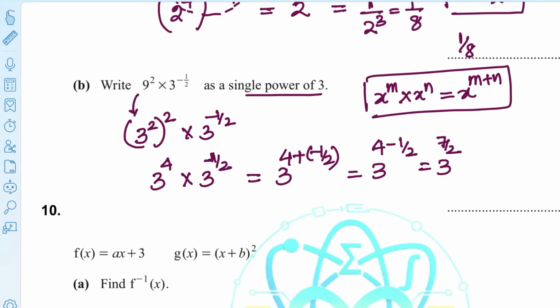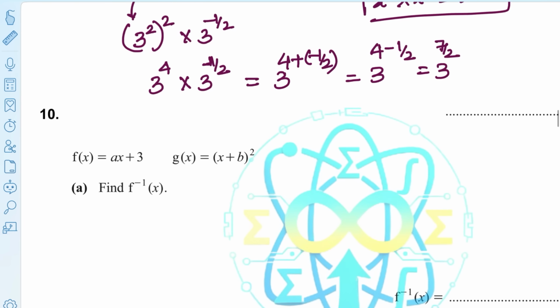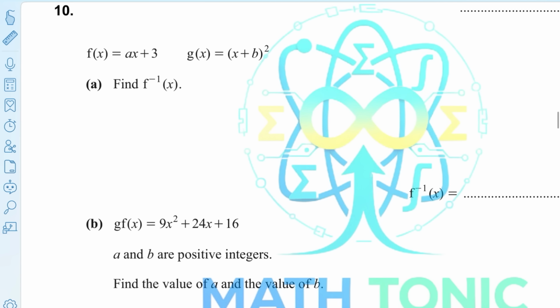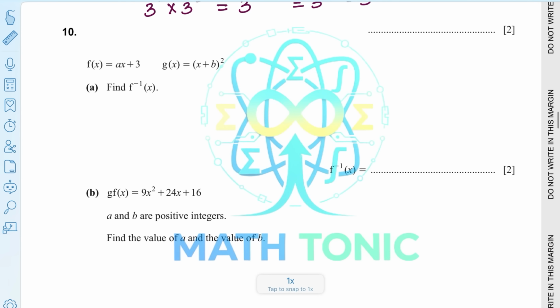Is it okay? Yes. Question number 10 is a function question, right? Now, f(x) equals ax plus 3, g(x) equals (x plus b) squared. First step is, find the inverse function. How to find the inverse function? Easy. Whatever the function is, make it equal to y. That is y equals ax plus 3. Now, try to keep x as the subject. How can we do that?